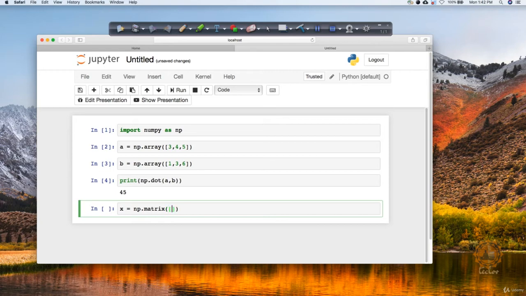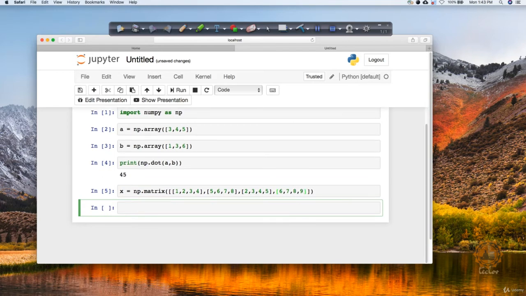It's two-dimensional: 1 2 3 4, then 5 6 7 8, then 2 3 4 5, and let's add one more, 6 7 8 9.